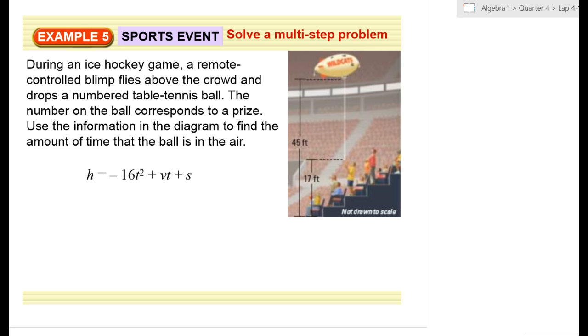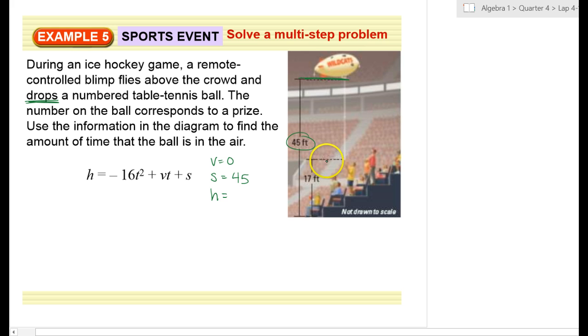So during an ice hockey game, a remote-controlled blimp flies above the crowd and drops a tennis ball. We got to figure out the amount of time that the ball is in the air. Well, again, it's dropped. So that means velocity is equal to 0. My starting height, if I look at the diagram, is 45. But my ending height is not being dropped to the ground.